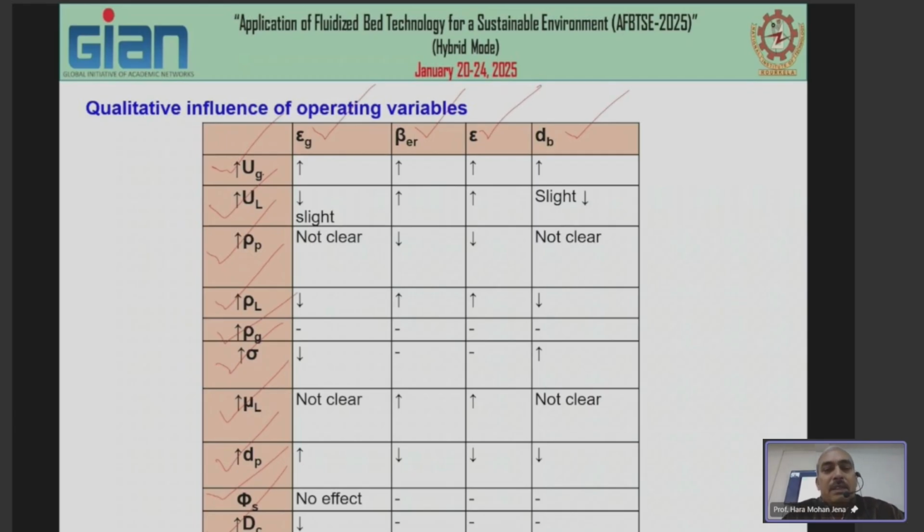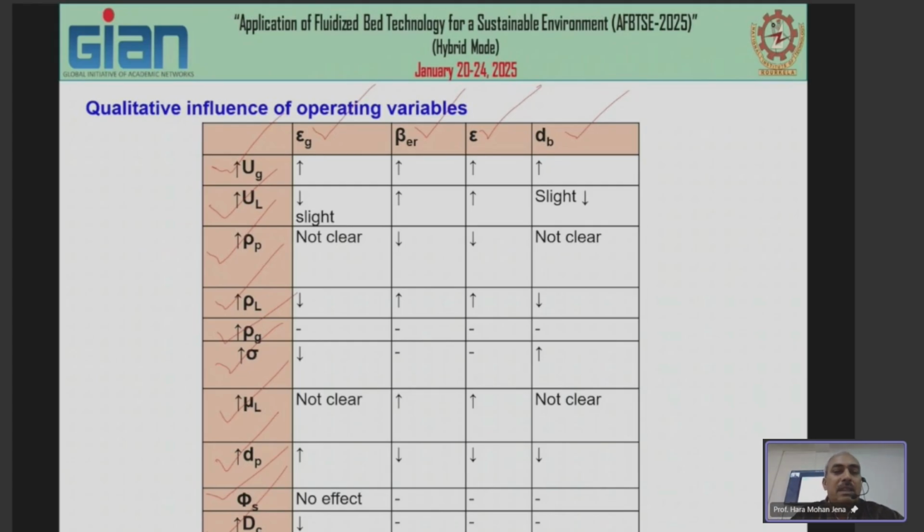With increase in the gas velocity, that means higher gas velocity, your gas phase hold-up increases, bed expansion also increases, porosity increases, because the same amount of solids is fluidized to a greater height, the solid concentration decreases and the void fraction increases. That means porosity increases. And with increase in gas velocity, your bubble size increases.